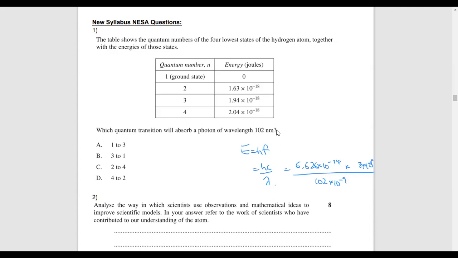So it's 1.94 times 10 to the negative 18, which of course is 3 to 1. Well, that's emission. The question says absorb a photon, which means it's 1 to 3.